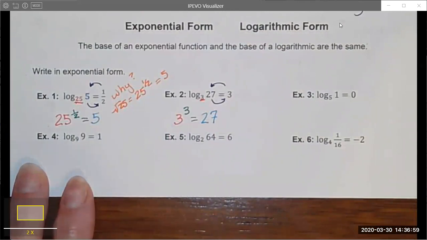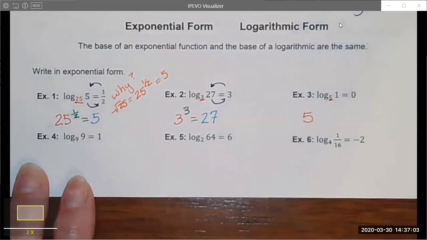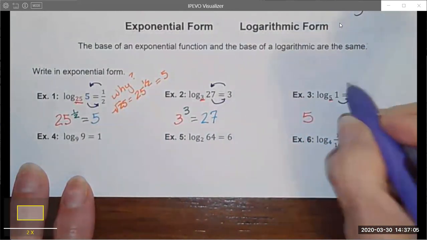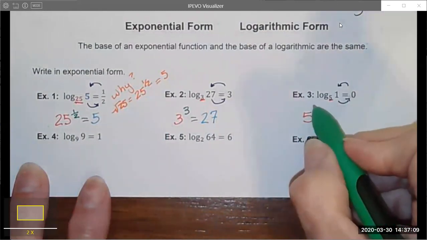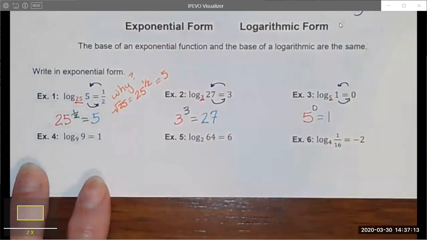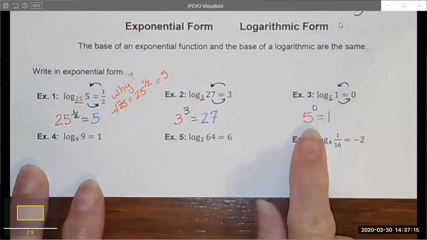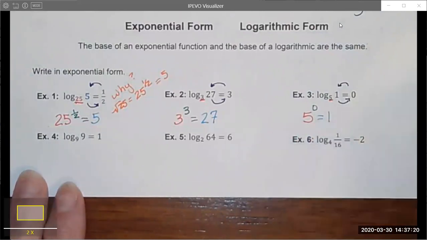All right, looking at the next one, we're going to identify our base. We're going to roll our log. In this case, what I'm equal to becomes my exponent. The 1 becomes what I'm equal to. This should make sense because if you remember, anything to the 0 power is just 1.